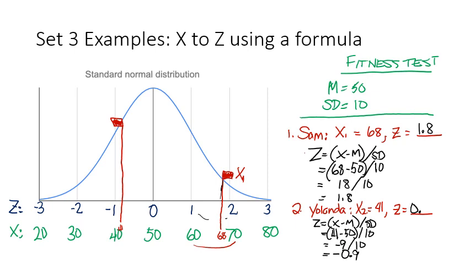That looks like what we predicted. Let's not forget the negative sign, and that's exactly where it would appear to be. So we have Z2 equals -0.9.